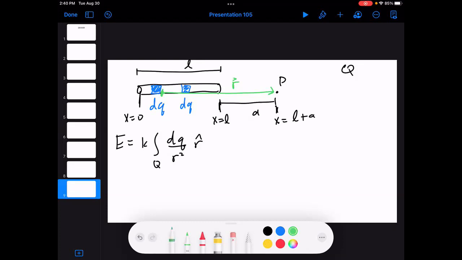For the green line that I drew for R, could you express this as some combination of x, L, and A? What are your thoughts? A plus L. Okay, yes, you got it.